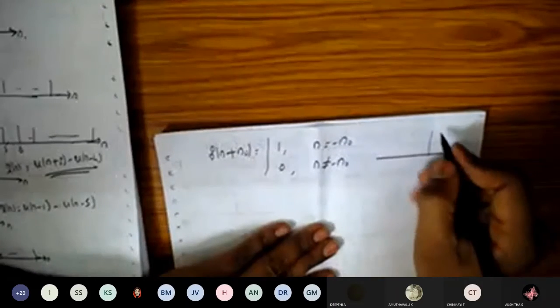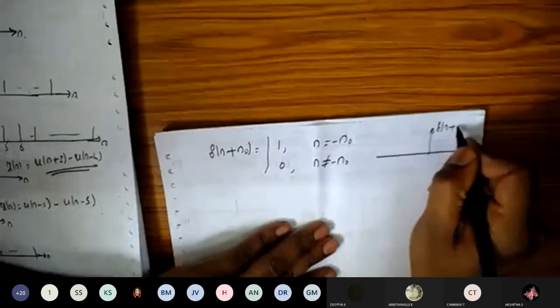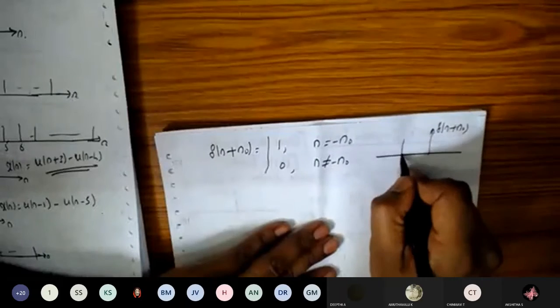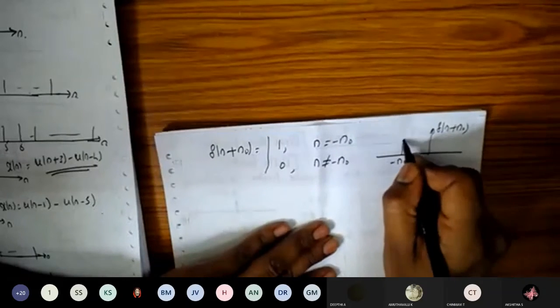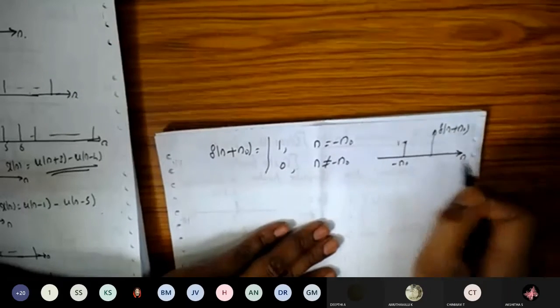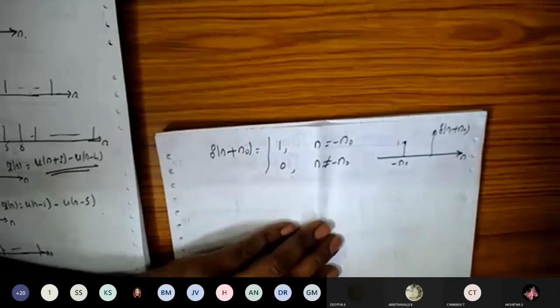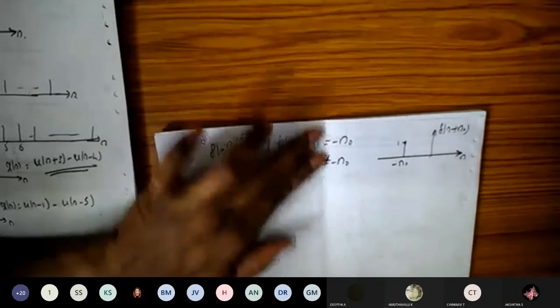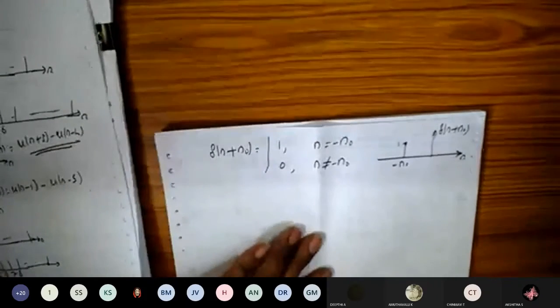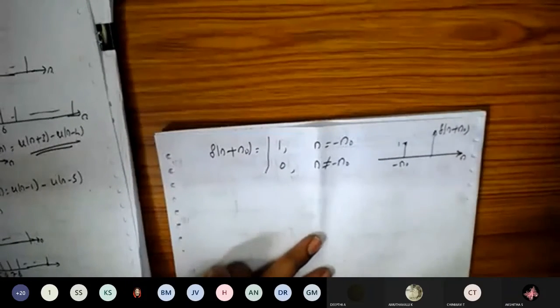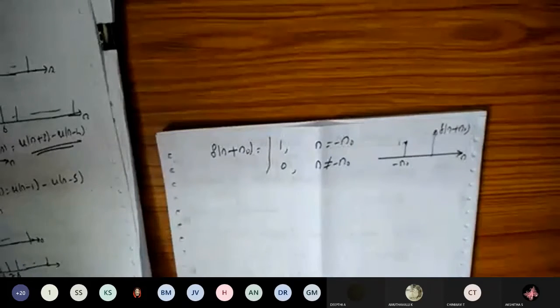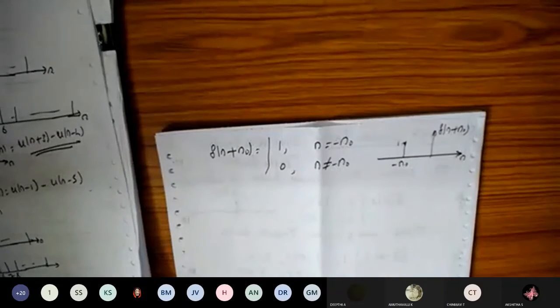So at n equal to minus n naught, it has the value 1, and elsewhere it is 0. So this is the unit impulse function.